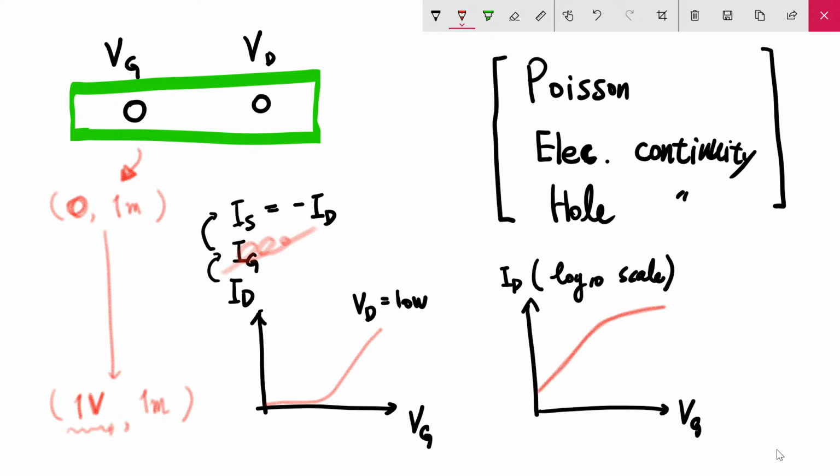And please try to check the slope of this sub-threshold region. Since this is a double gate, the gate controllability is almost ideal. So you should have a slope quite close to the ideal 60 millivolt per decade.